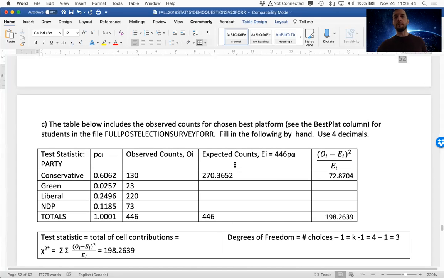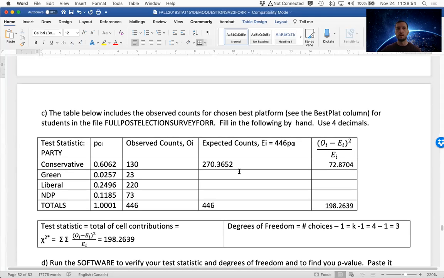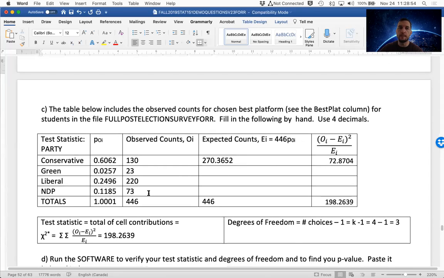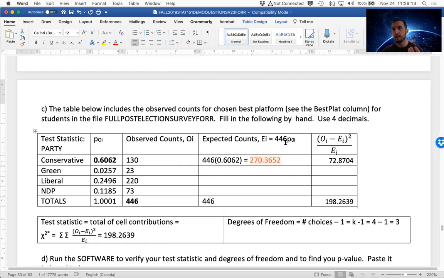So in part C, we will compute the expected counts. The way that we compute an expected count for a goodness of fit test is we take sample size and we multiply it by the proportion from that distribution of interest. So here we have 446 multiplied by 0.6062, and that gives us 270.3652. Okay, so that is the first expected count.